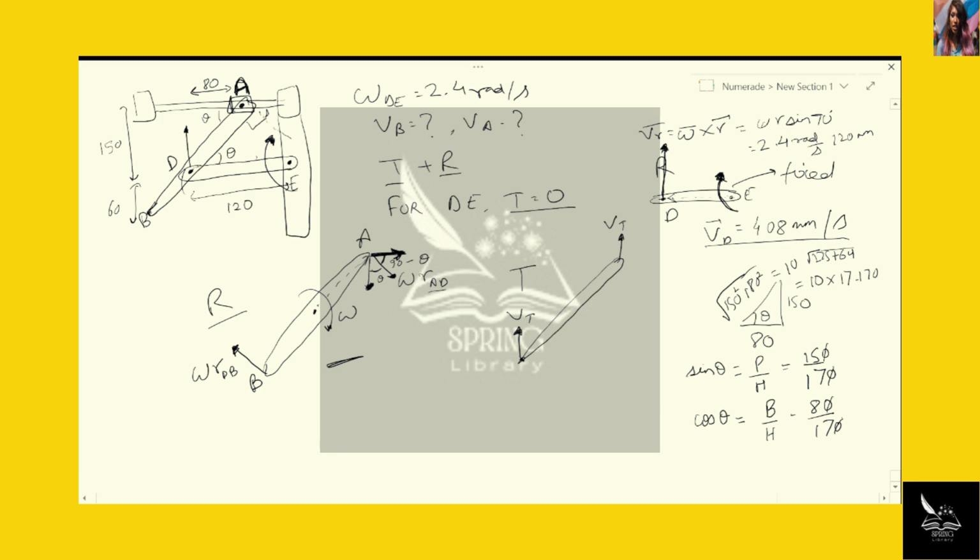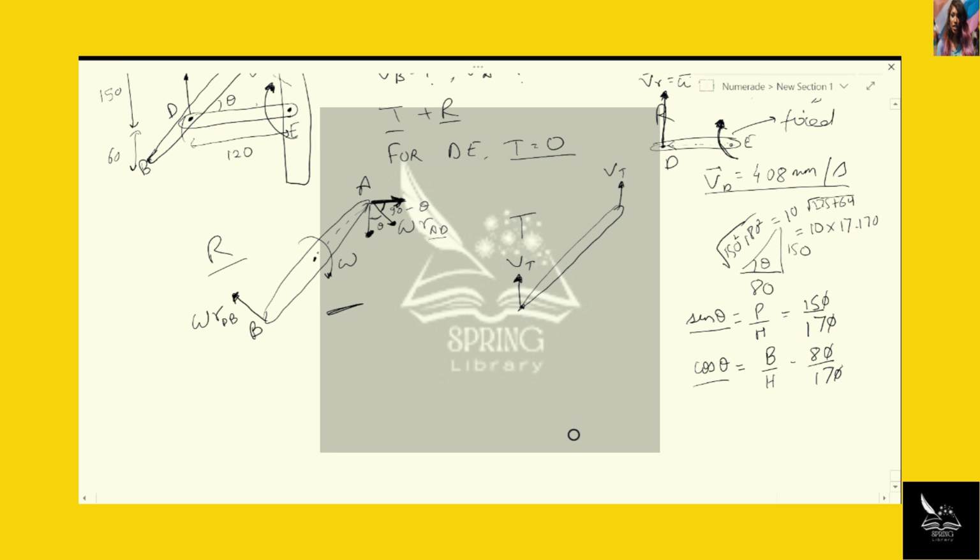Okay, now we are ready to equate the components because now we know sine theta and cos theta. So, Vt has to equal omega r AD times cosine theta.